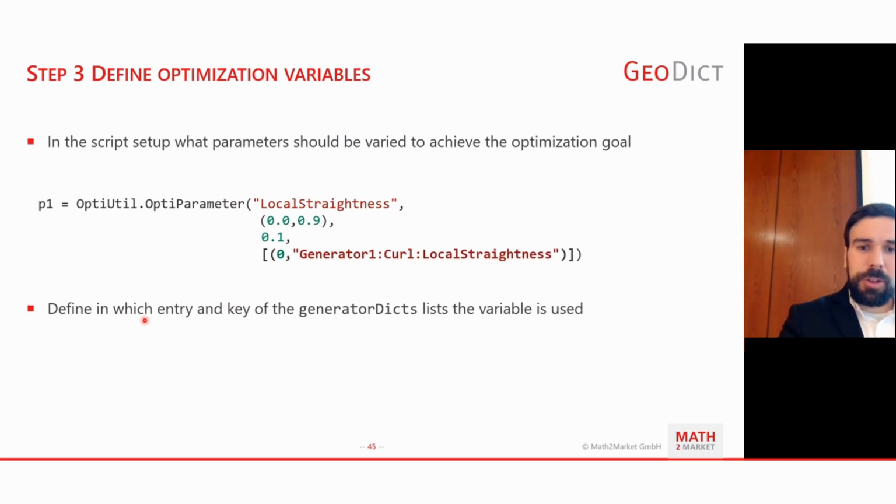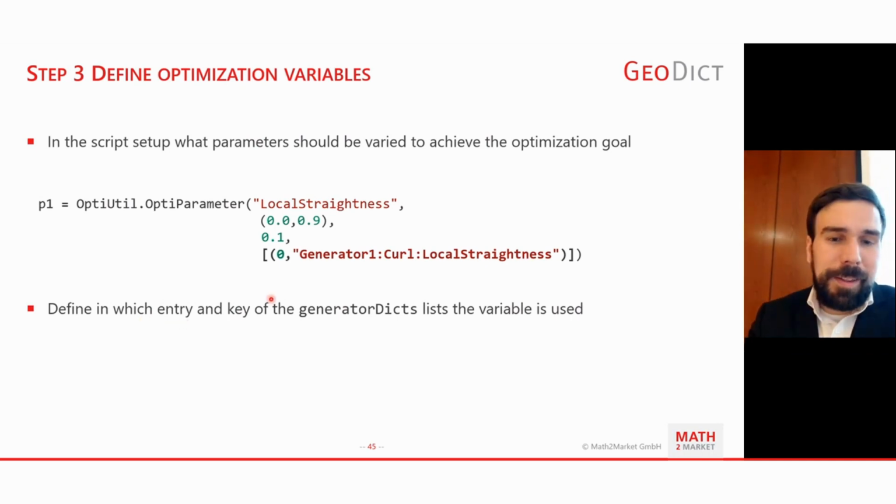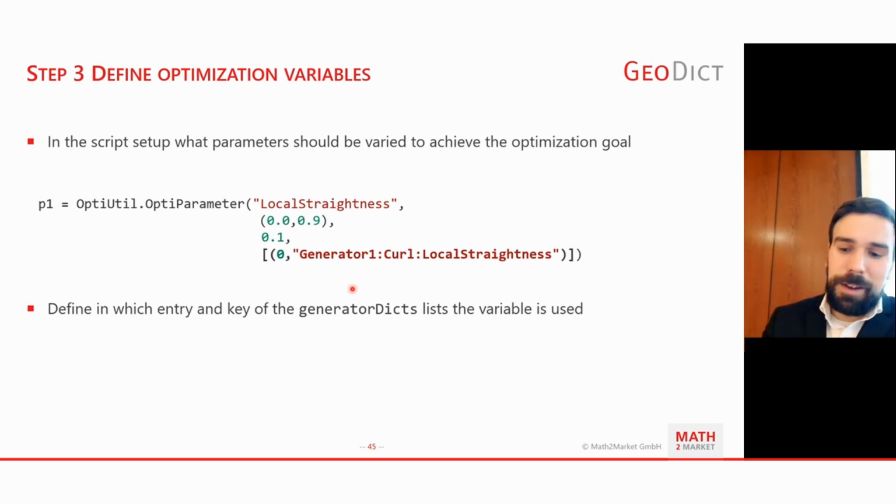And the last one is actually the most important parameter. This one defines where it has to put the parameter in your generator list. So before we set up this generator dicts list, and with this parameter, we tell it, okay, in the first entry of this list, use this variable under the key generator1 curl local straightness.